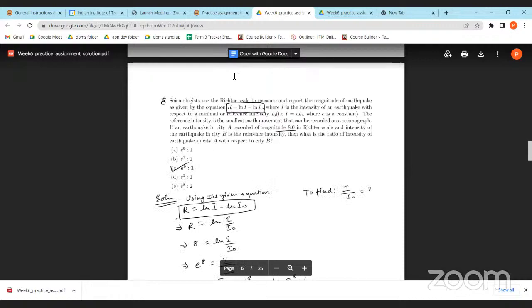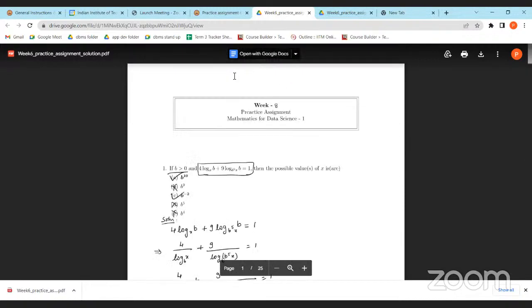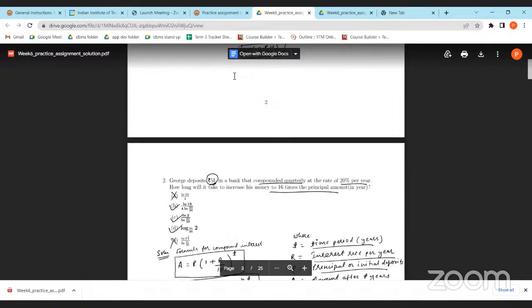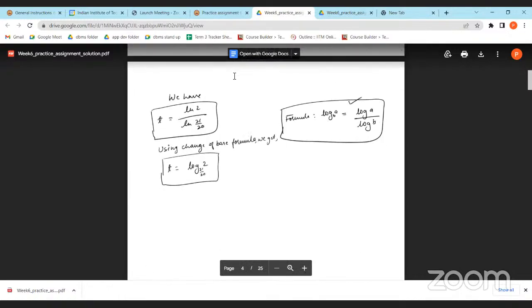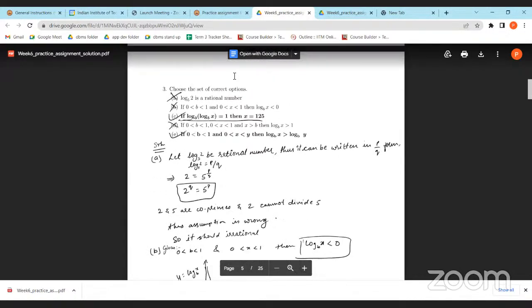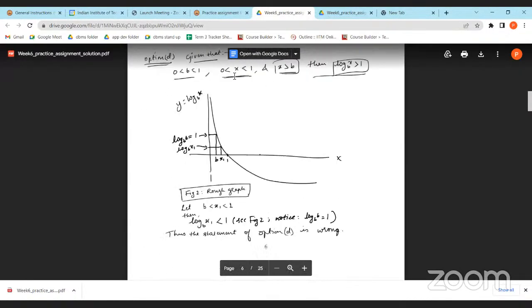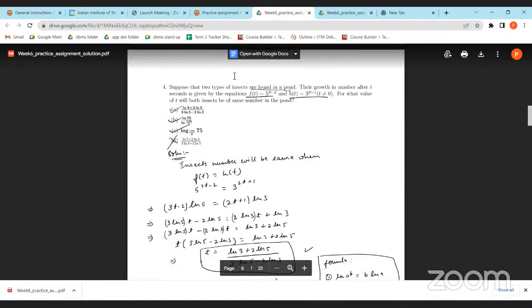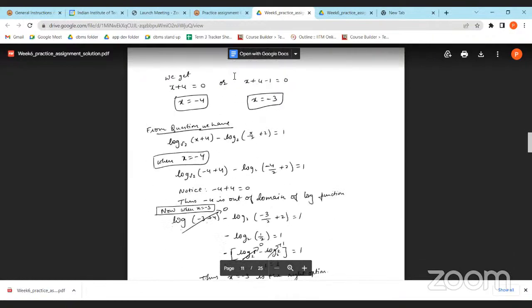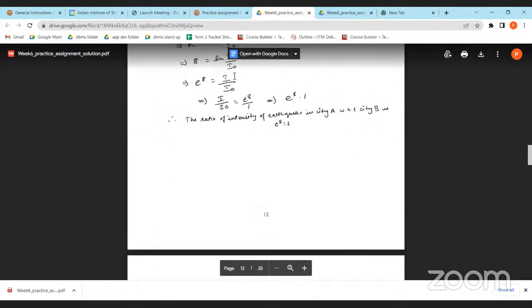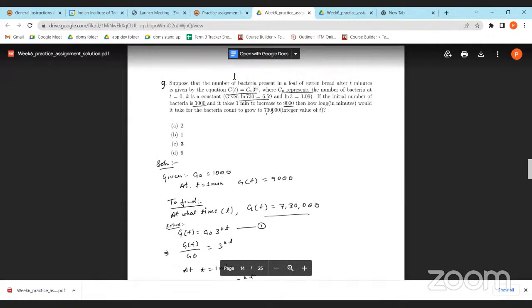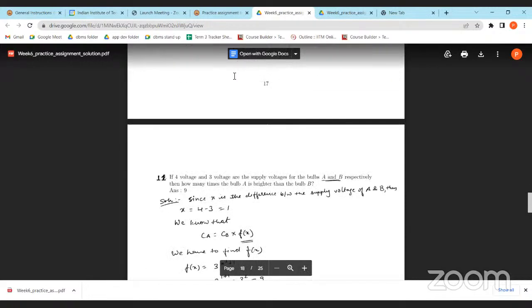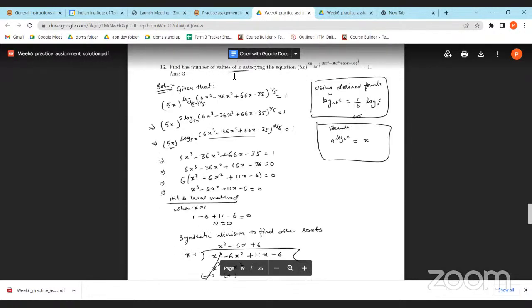Question 5 is: which of the following is true? If m and n are positive real numbers, then m to the power log n equals n to the power log m. In the solution I'm not able to find that answer.